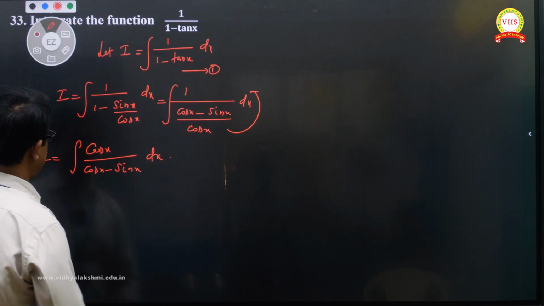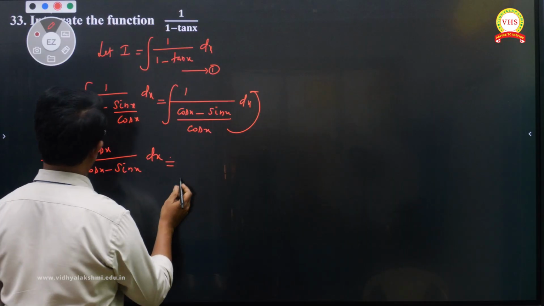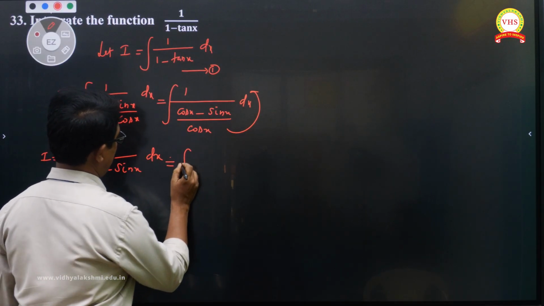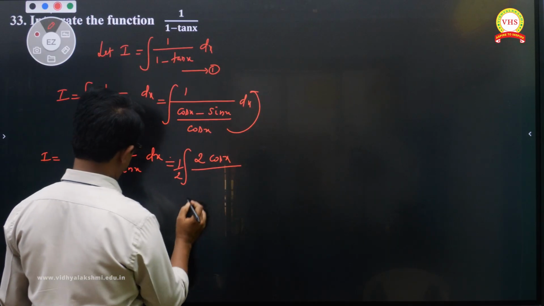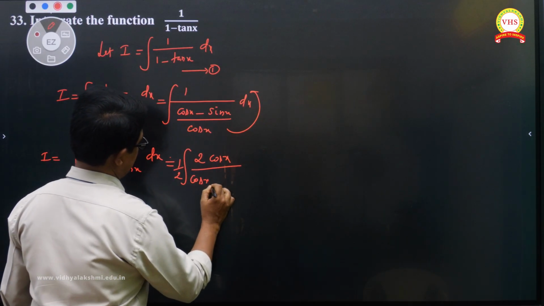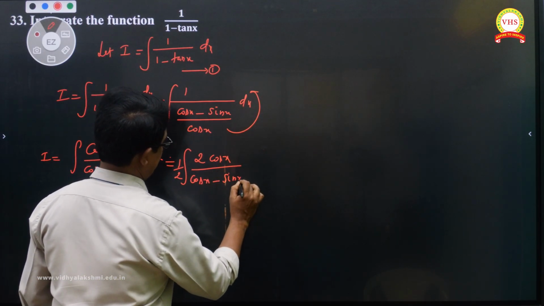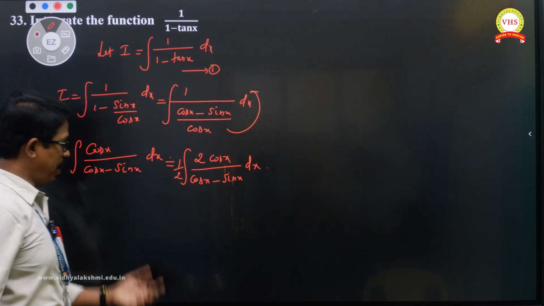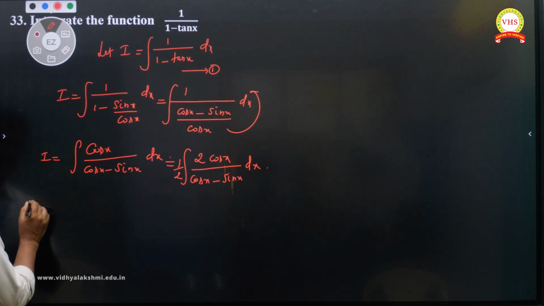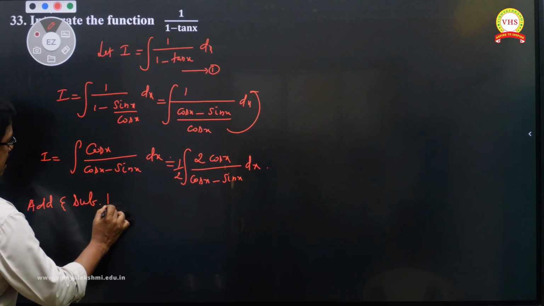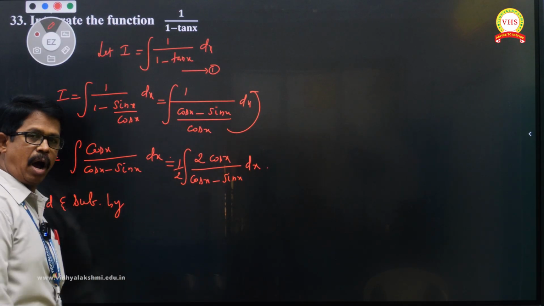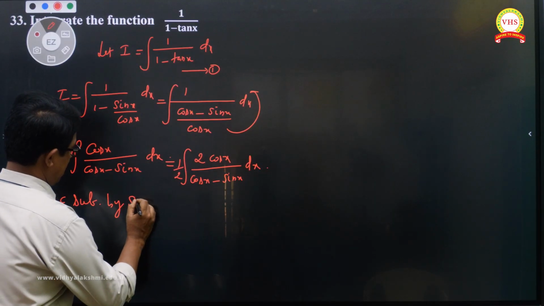Are you okay? What I adjusted in the previous sum, the same ideology we are going to apply. Multiply and divide by 2, that is cos x divided by cos x minus sin x into dx. Now completed. What is next? Add and subtract the existing function cos x with sin x.